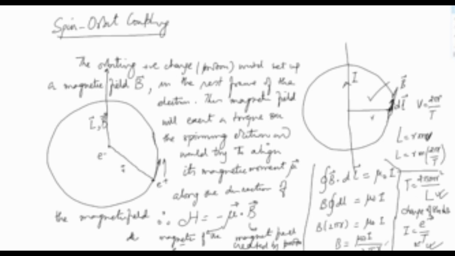Therefore what I am going to do, I am going to put this value of mu naught I by 2 pi r, instead of I I will write E upon T, and instead of T I will write this expression. Therefore we will have the following expression.